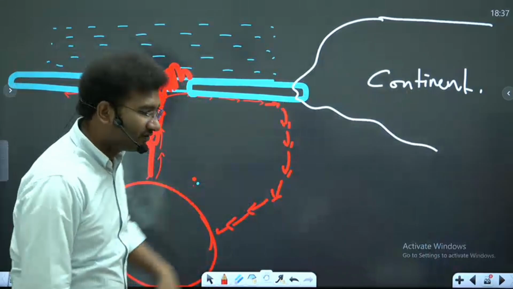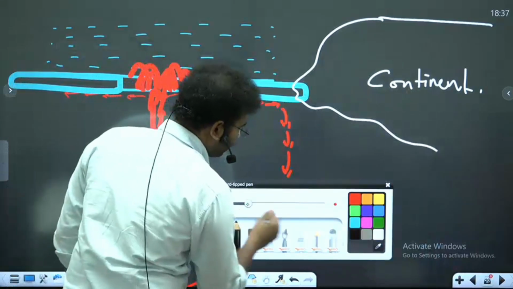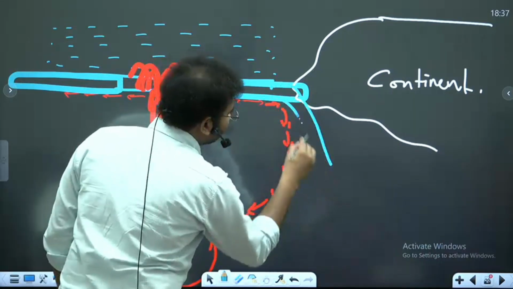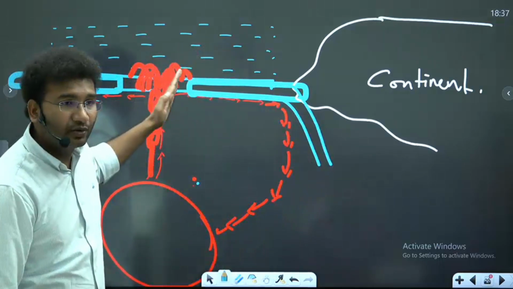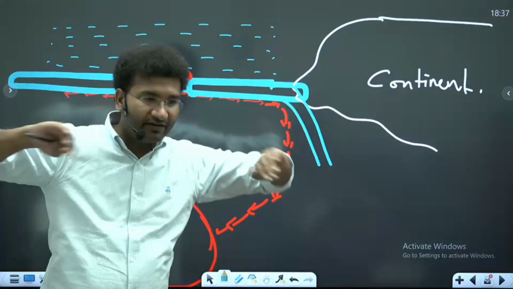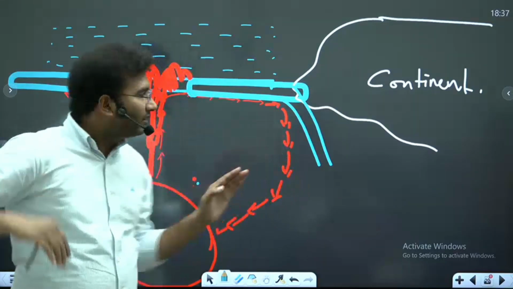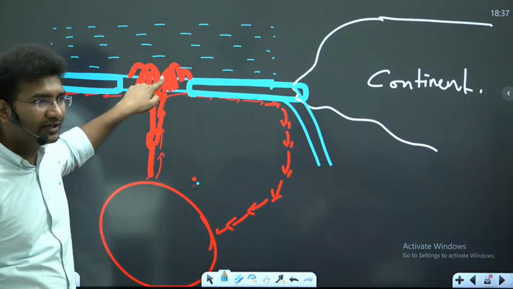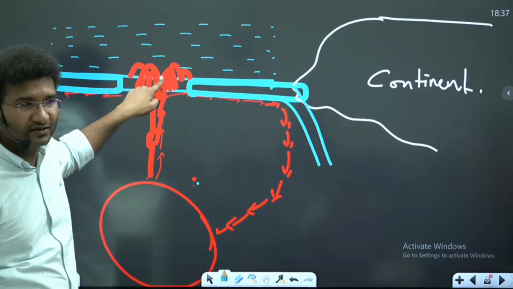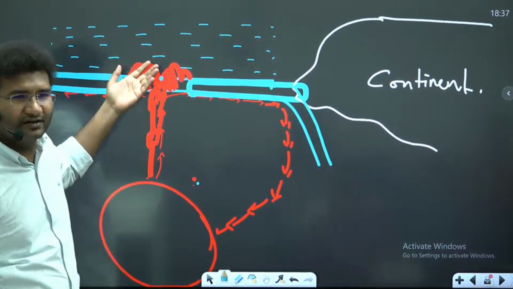When it is getting pushed away, don't you see that this is getting synced? Continuously, here, the oceanic floor is getting pushed away from each other. Right? And in this condition, what do you get to see? Volcanic mountains, and we call these ridges. Ridges are nothing but oceanic mountains.